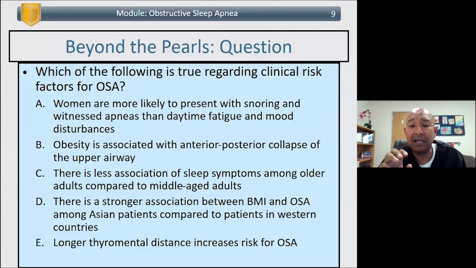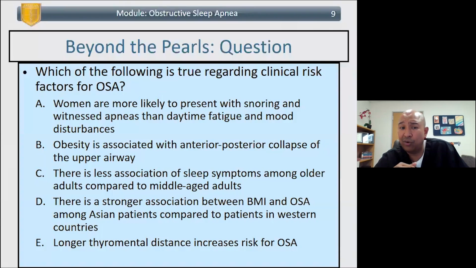So they may not have the classic sleep symptoms of heroic snoring. They'll have other symptoms, and middle-aged adults will probably have more of the classic symptoms. So I'm loving C. I could be wrong because I'm just doing this with you folks, but C's looking good.